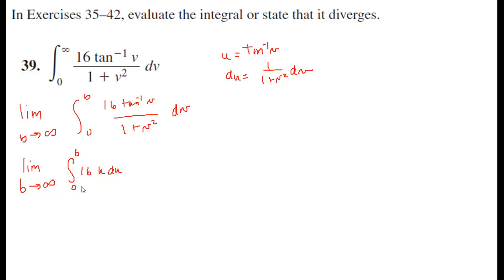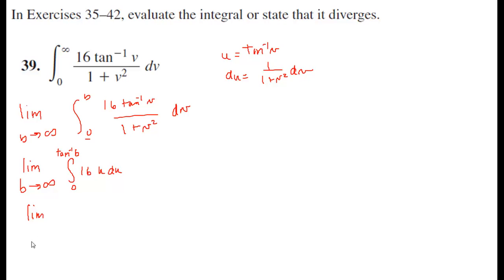Oops, I'm sorry, got a problem here. When v is 0, the inverse tangent of 0 is 0. Okay, that's okay. When v is b, that means u is the inverse tangent of b. Now we can go ahead and proceed.